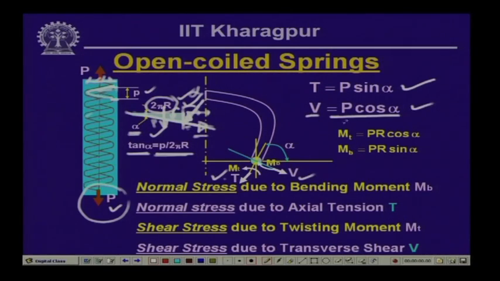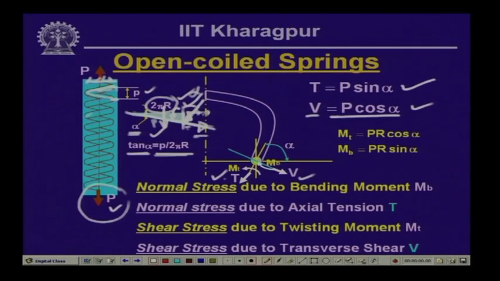These are the two forces it will be subjected to because of the load P. Now, P also introduces a twisting moment which is P into R, the vectorial direction of which is this.